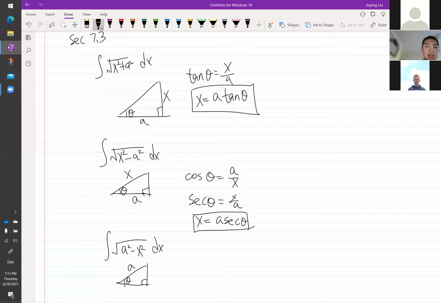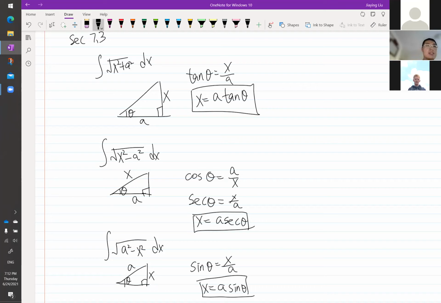And then the x, we're going to put as the opposite side. So there we have sine theta equals x over a, and x equals a sine theta. I believe those are the substitutions that we can use.